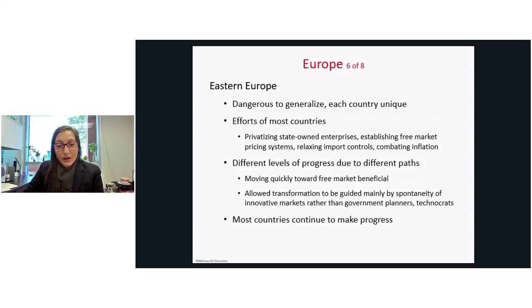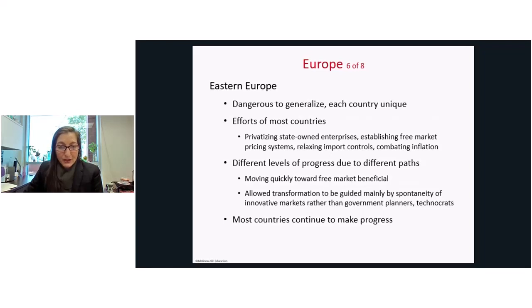Most countries are privatizing state-owned enterprises, as is the global trend, and this is establishing free market pricing systems, relaxing import controls, and combating inflation to some extent. Now, in Eastern Europe, there are different levels of progress because some countries have taken different paths.